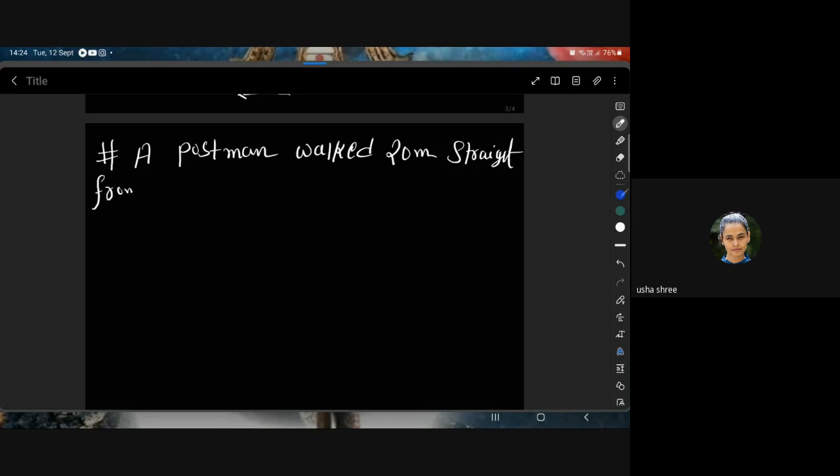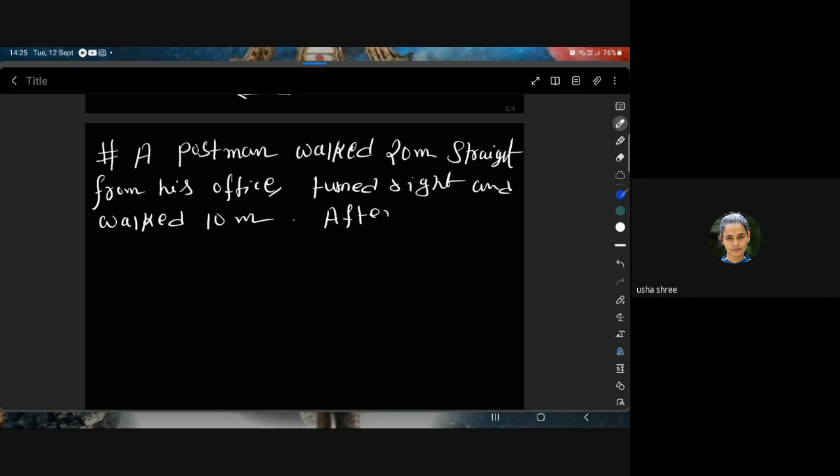So a postman walked 20 meters straight from his office. This is one information. Then turned right and walked 10 meters.